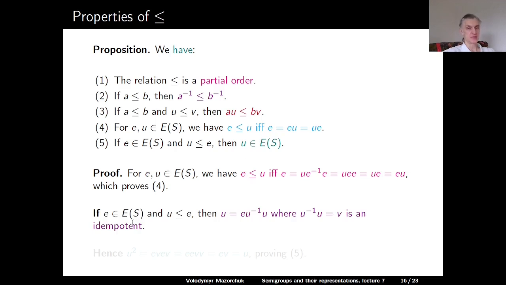Next, if E is an idempotent and U is less than or equal to E, then U is equal to E, U inverse U, where U inverse U is an idempotent, which we denote by V. But then U squared, which is equal to EV, EV, the idempotents commute, so this is equal to EE, VV, and then this is equal to EV because both E and V are idempotents, and that's equal to U. So this means that U is an idempotent, proving condition 5.